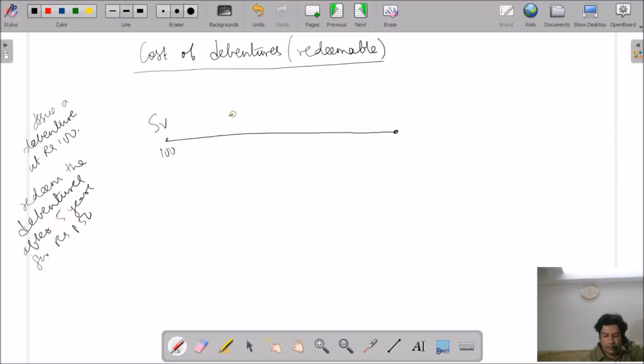So after 5 years my redemption value is going to be 150 rupees.